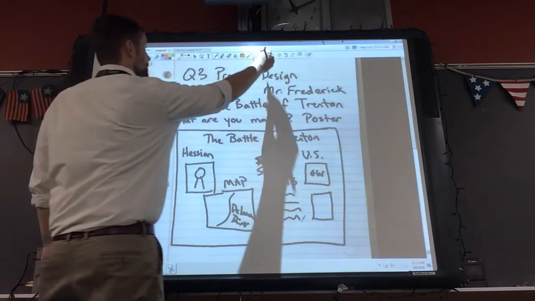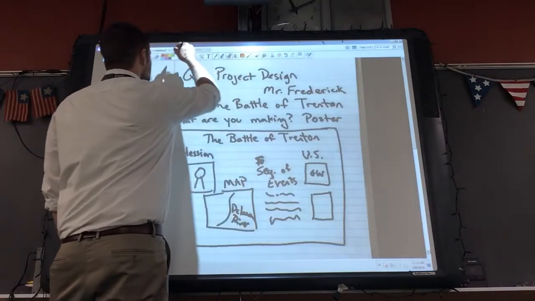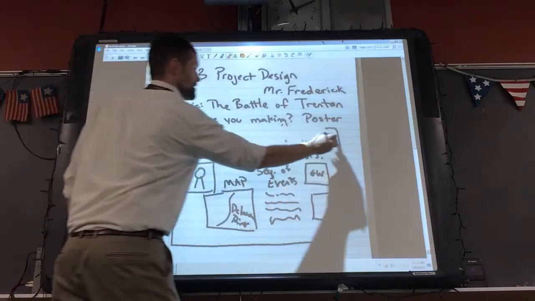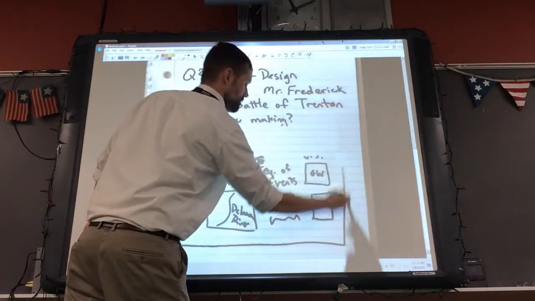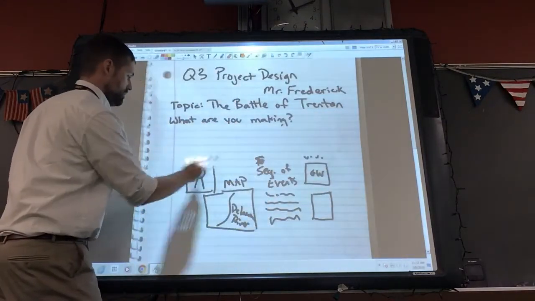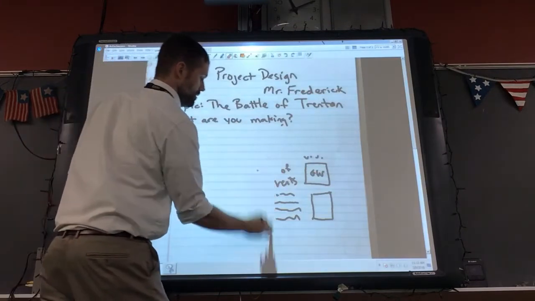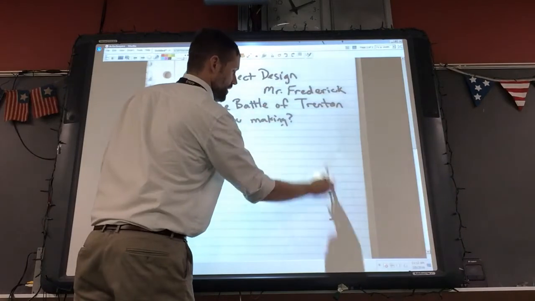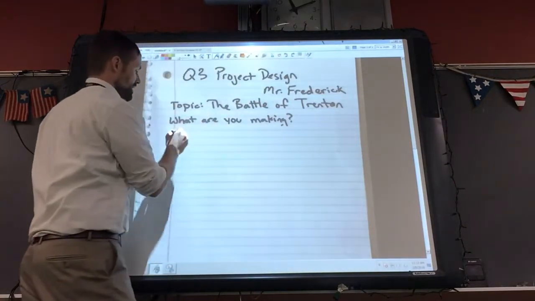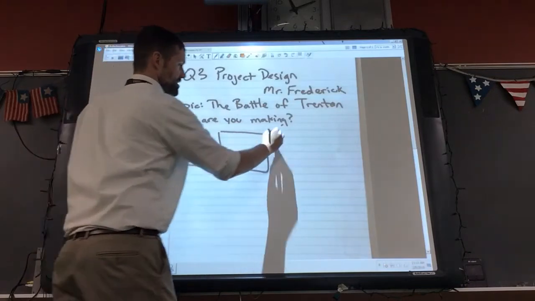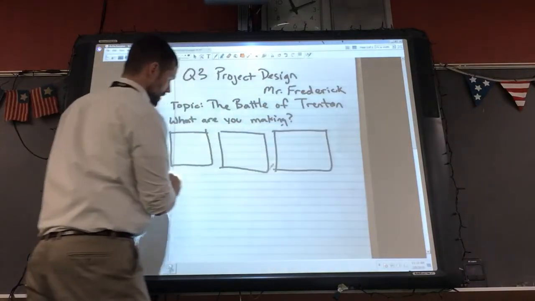Let's say you are making a PowerPoint. Let's erase this. If you are making a PowerPoint, what I need you to do on the paper is draw 10 blocks, and these represent your 10 required slides.